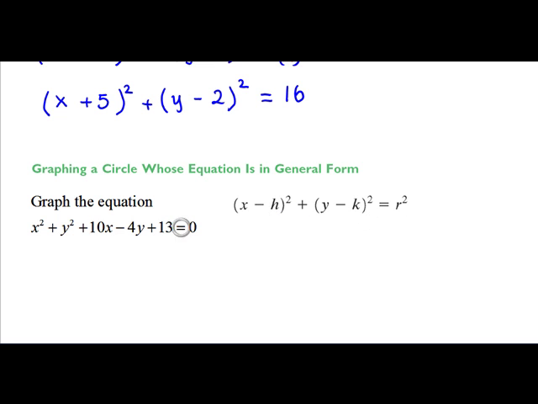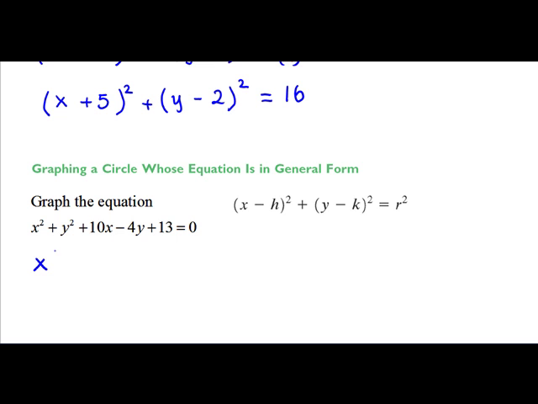This equation here does not tell us anything. So to rewrite it in standard form, we have to complete the square, and then from there we are able to tell the radius and the center, and we can graph.